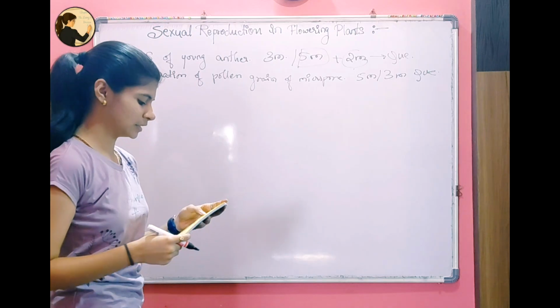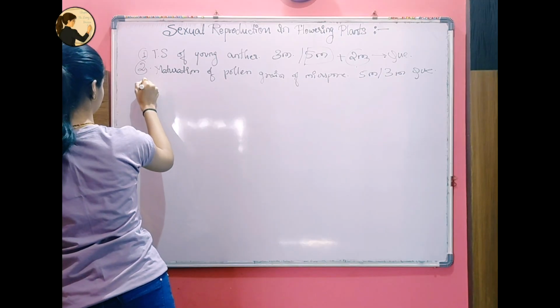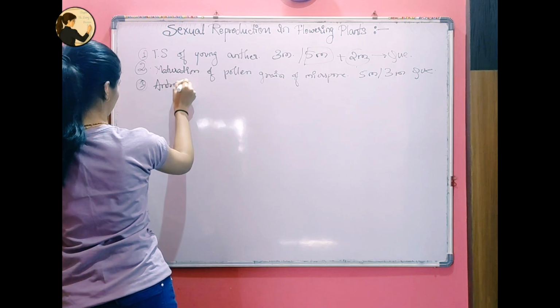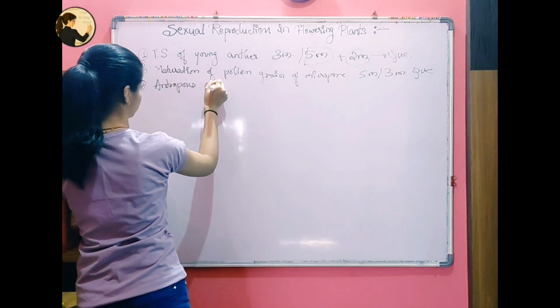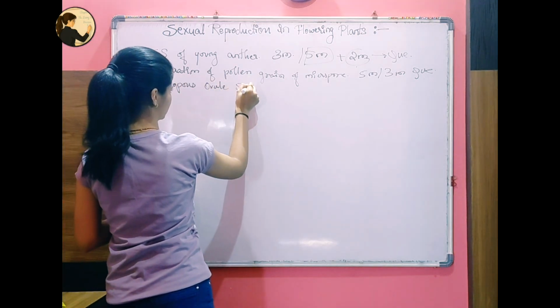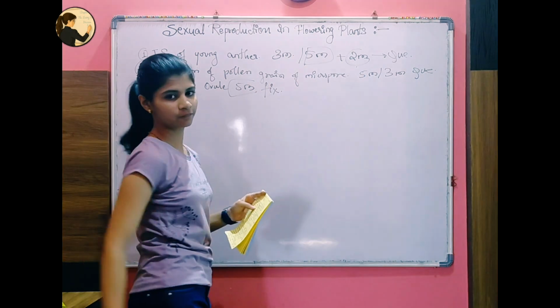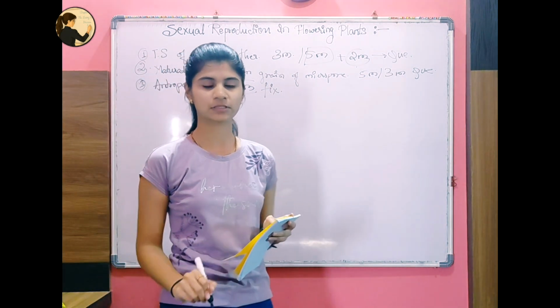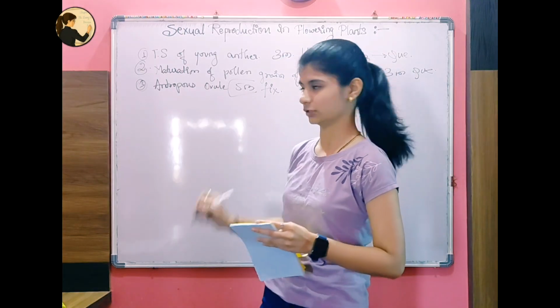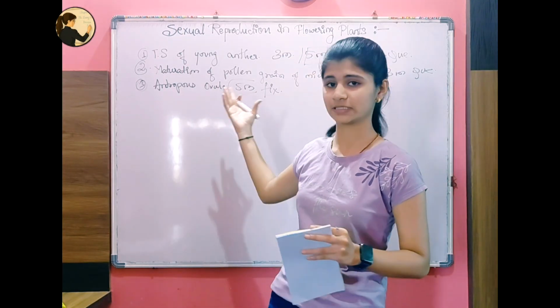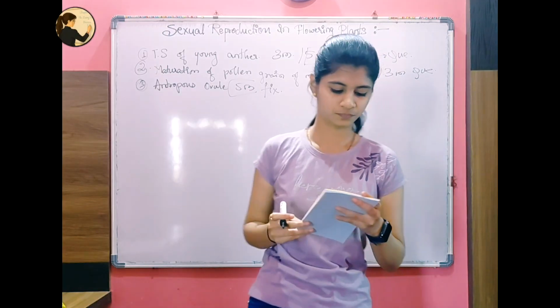Got it? The next question is of anatropous ovule. This is a 5 marks fixed question. If you see last year's question papers, you will definitely find this question. You would have studied this in 10th standard also.